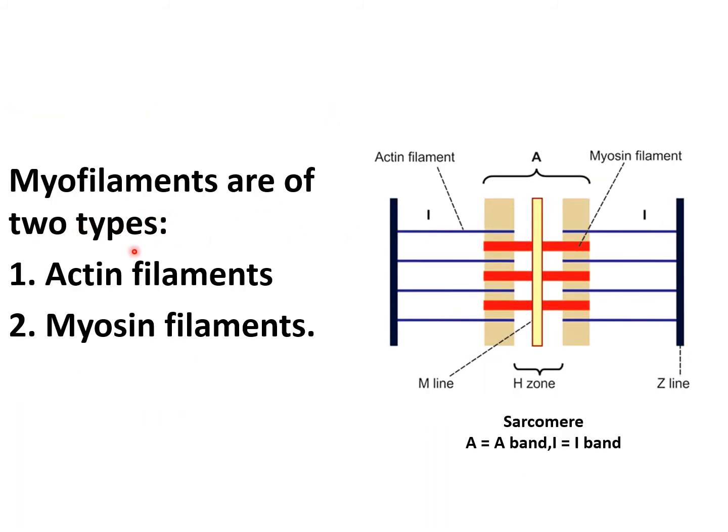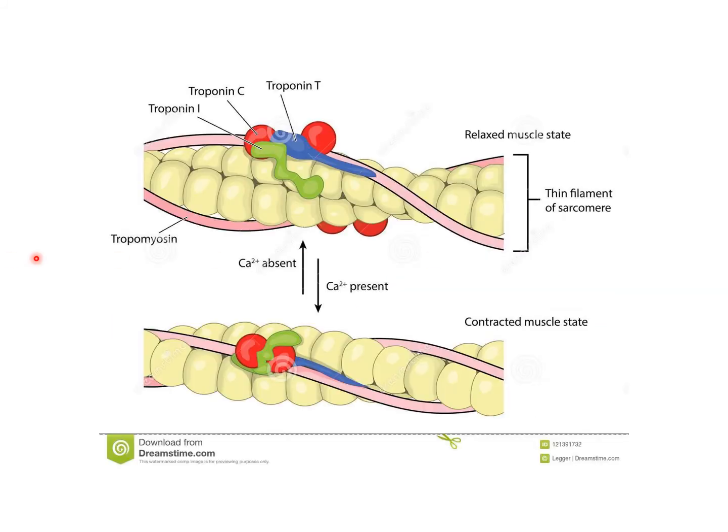Myofilaments are of two types, actin filaments and myosin filaments. And this is a figure of proteins present in muscle fibers: troponin, troponin C, troponin I, and this one is tropomyosin. And this is a thin filament of the sarcomere.